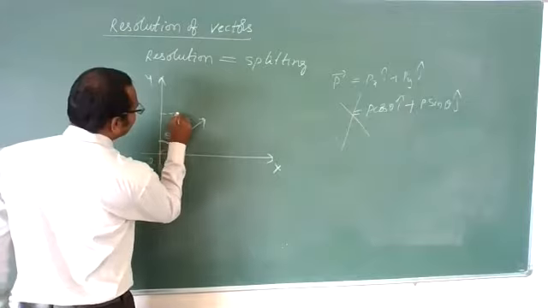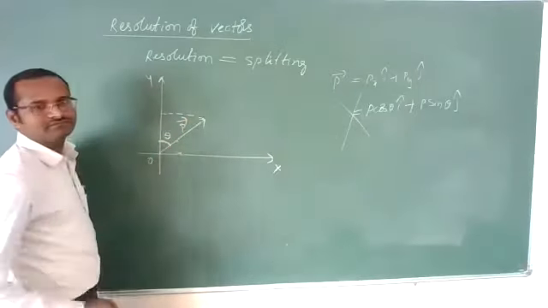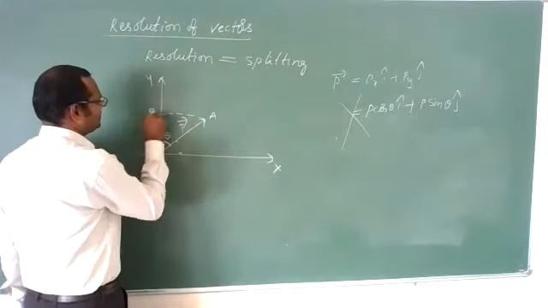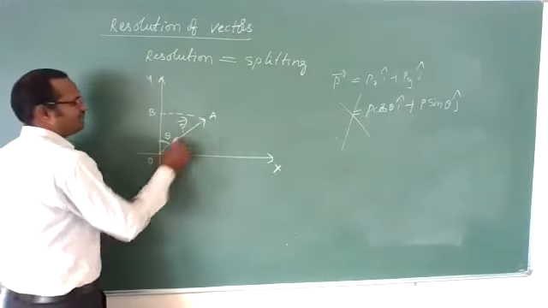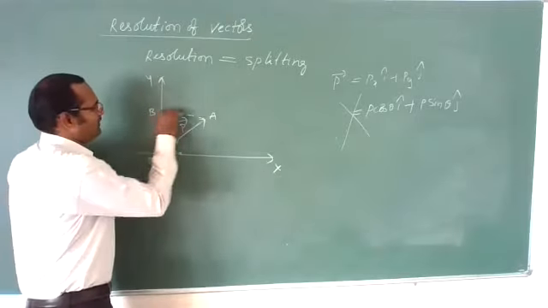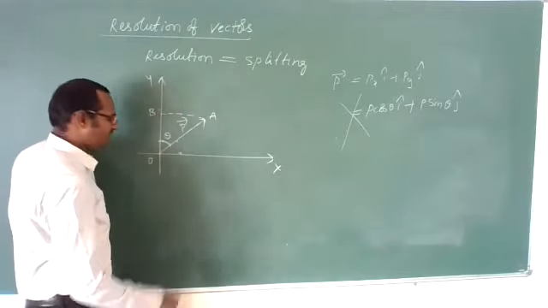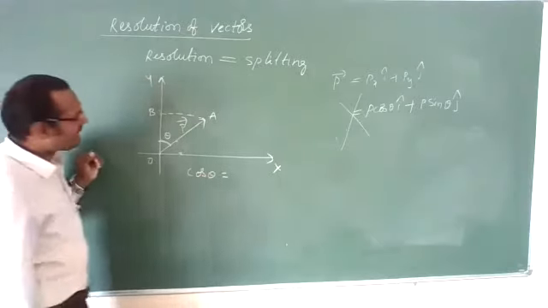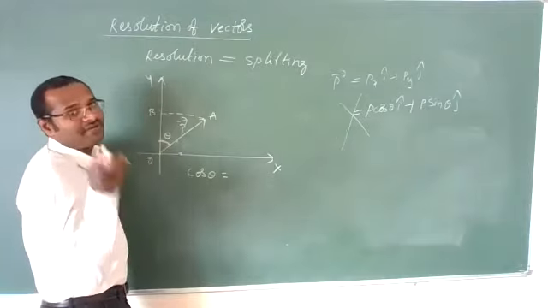Drop a perpendicular on this line. I'm giving the name A, this is B. Now you have a right angle triangle. OBA is a right angle triangle. From this take cos theta. What is cos theta? Cos theta is adjacent side by hypotenuse.